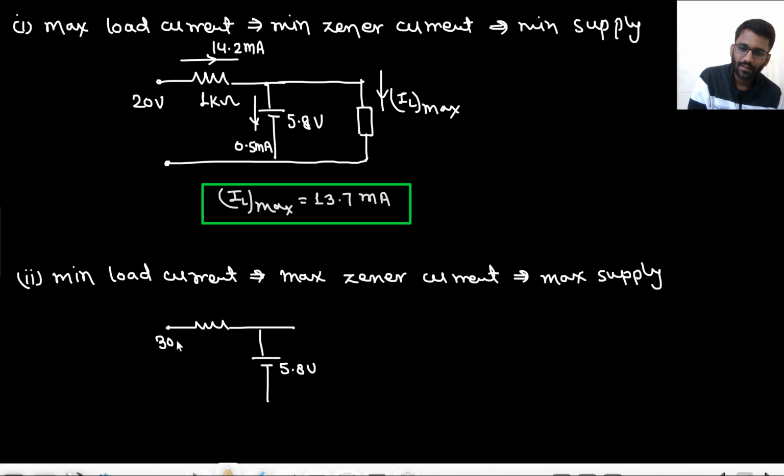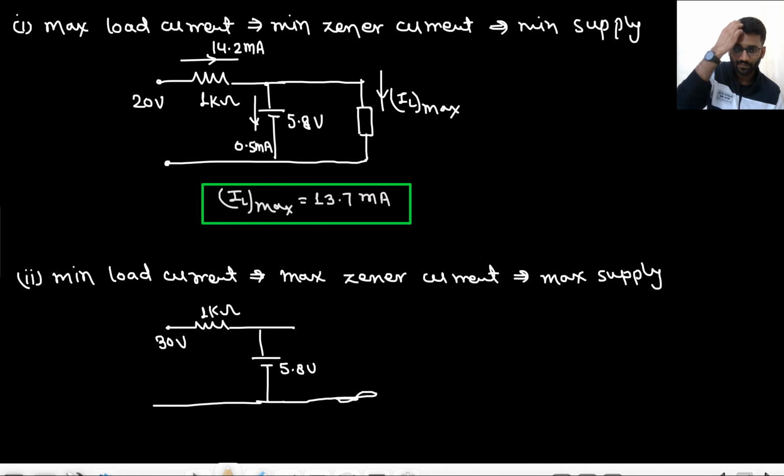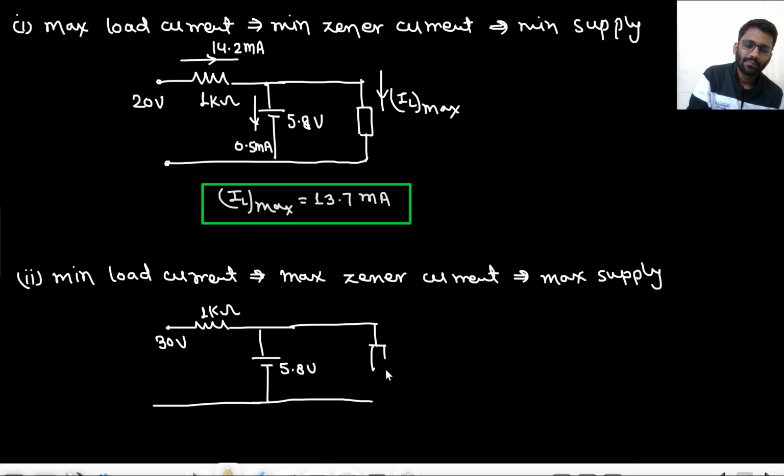30 volt here. You have a limiting resistance of 1 kilo ohm. So you are having 30 volt here, and you are having minimum load current, that means maximum Zener current here.